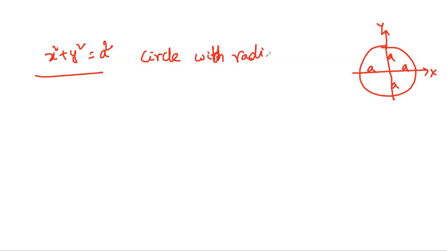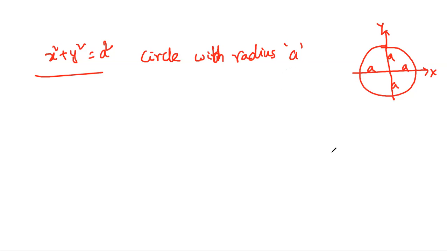We can write it as x square plus y square is equal to a square. This refers to a circle with radius a. You got the point?